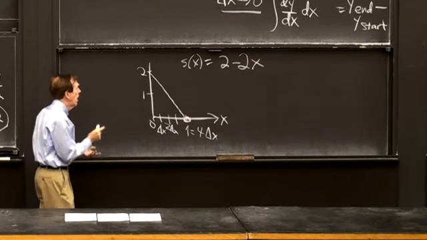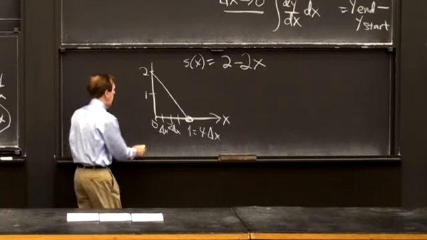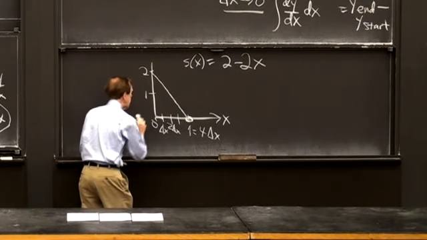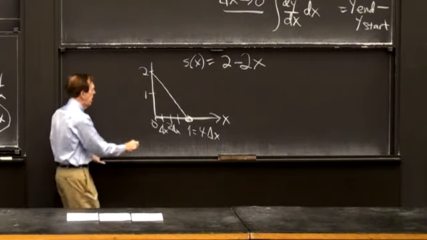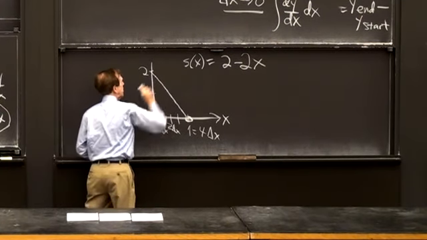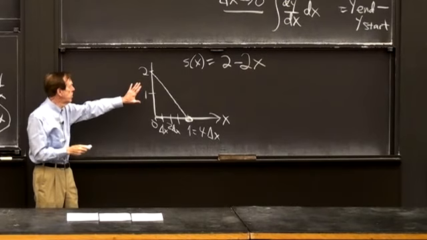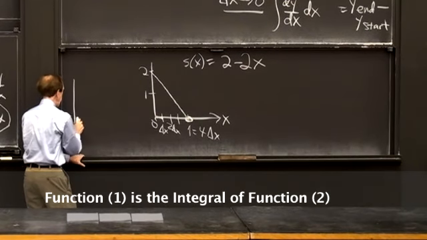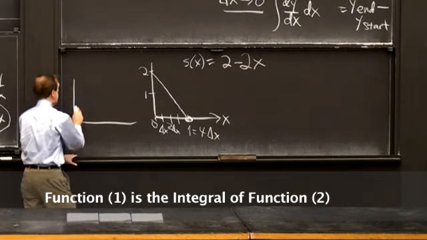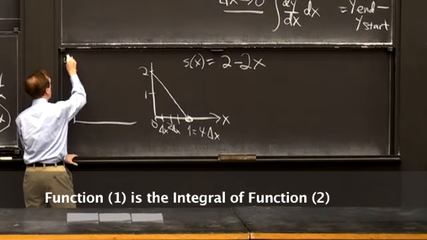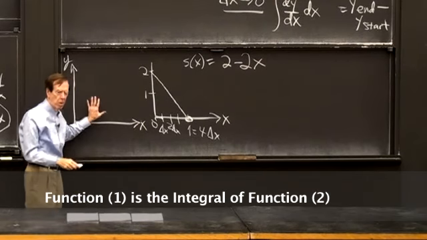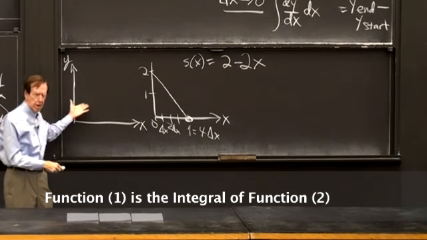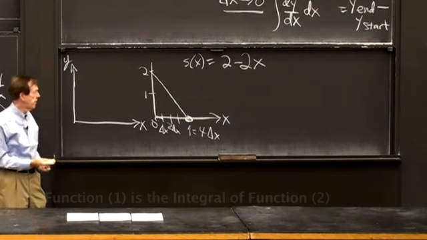Okay, so now what do I do? All right, look at this first period. The slope, the s function, function 2. See, over here is going to be function 1. This is going to be the y, the integral of that. But I don't know what it is yet, so it's pretty open to question.